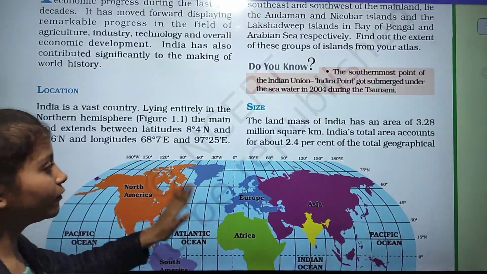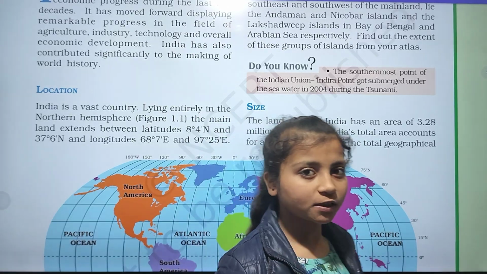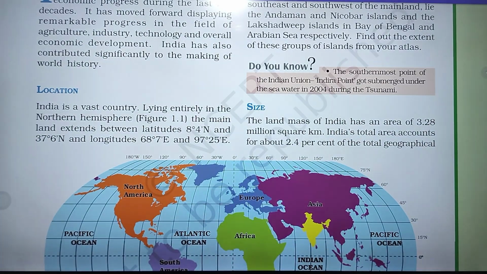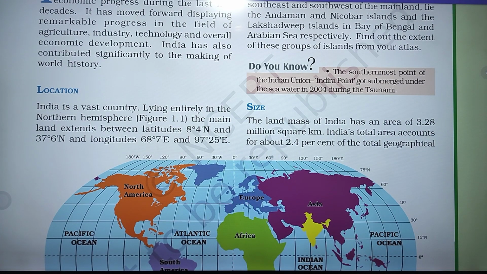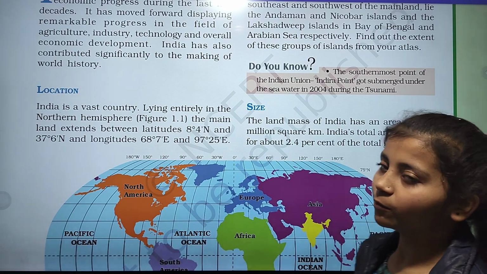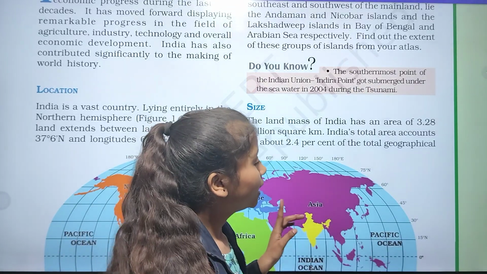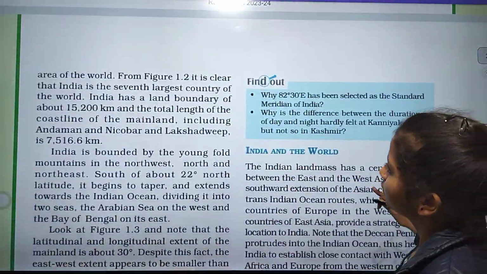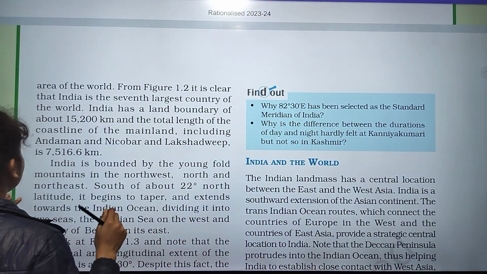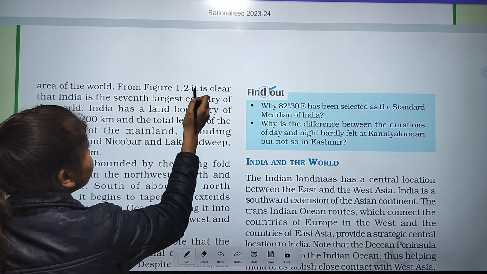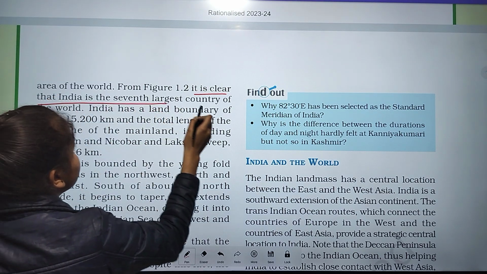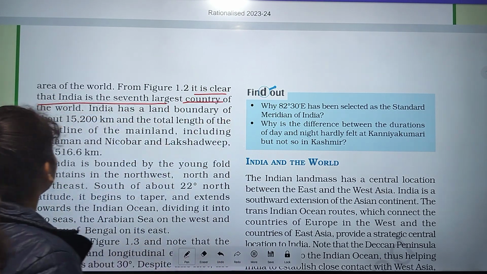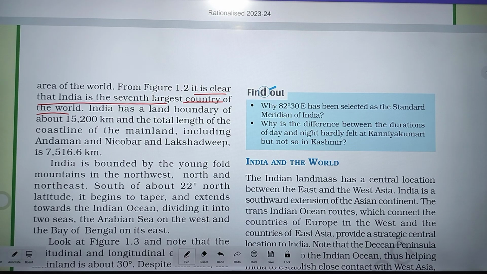India's landmass is about 3.28 million square kilometer. Here next is the figure. It is clear that India is the 7th largest country of the world.